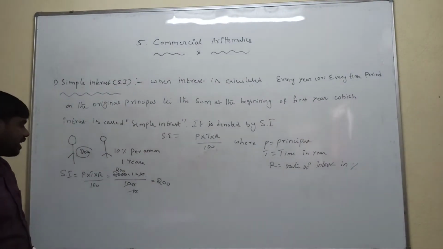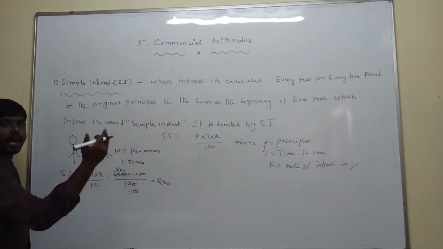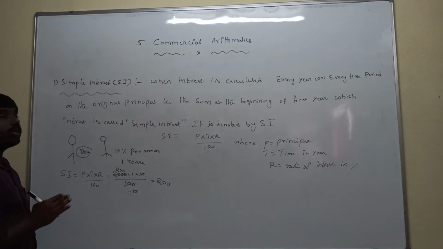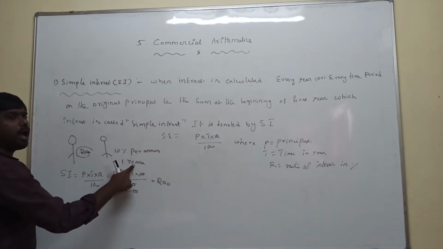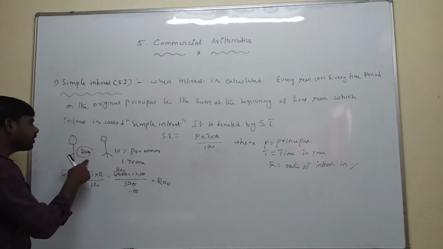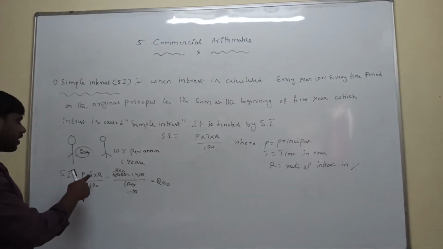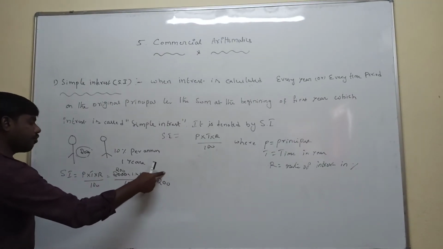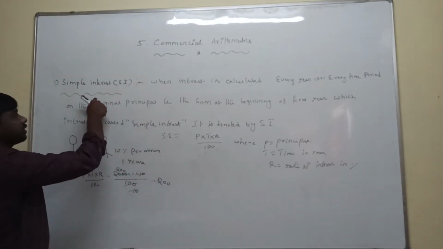Simple interest is when interest is calculated every year or some time period on the original principal amount, that is, the sum at the beginning of the first year. That is the 200, which is called simple interest.